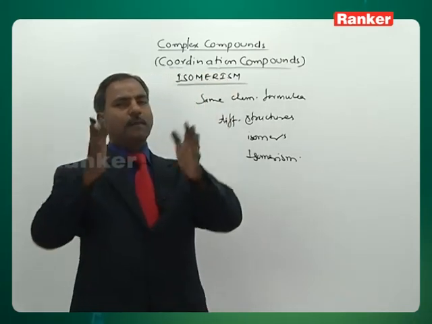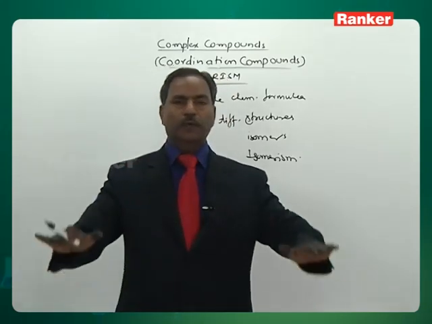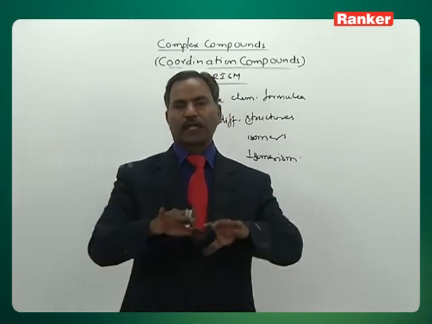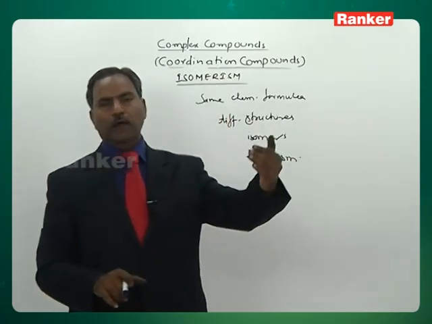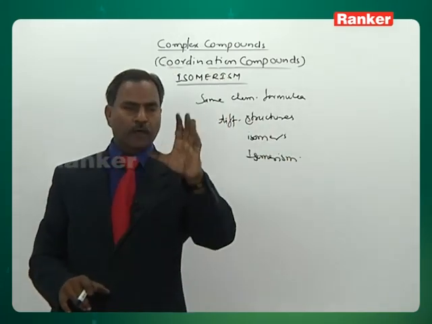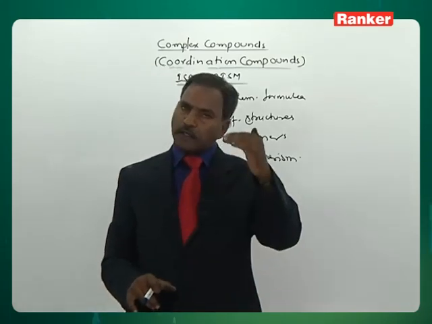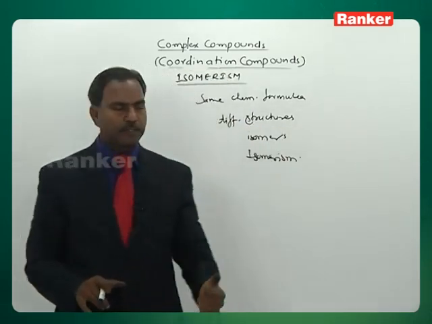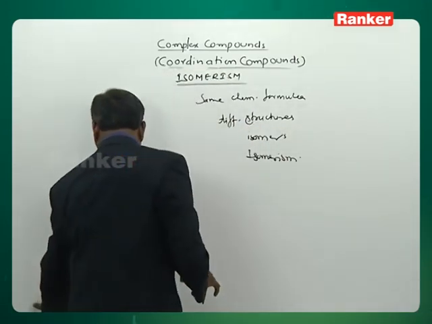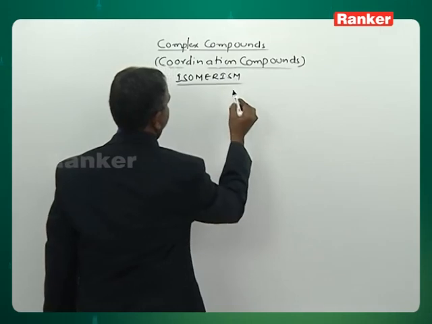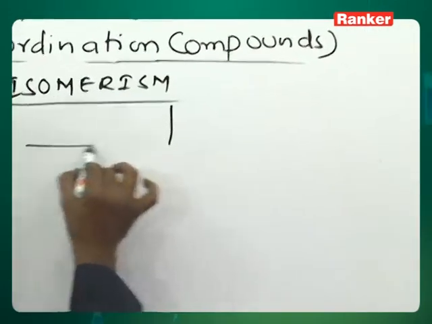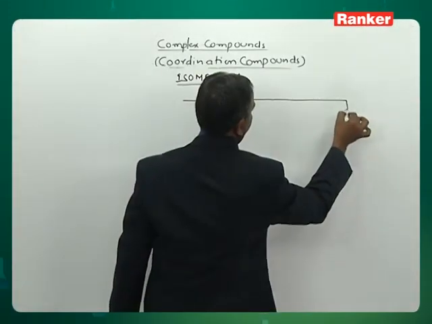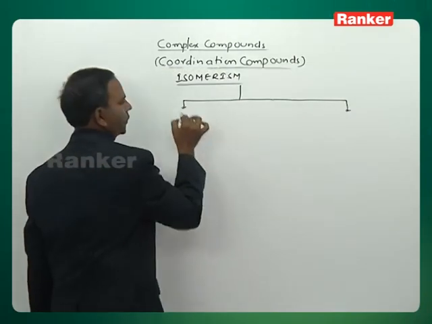This isomerism in complex compounds is classified into two types. What are the different types of isomerism?